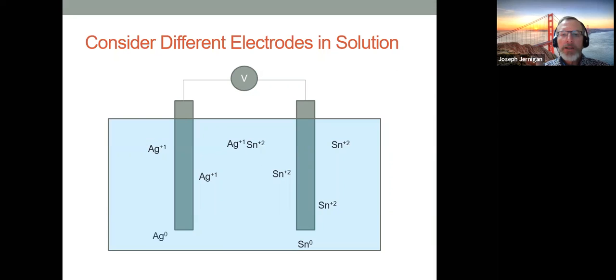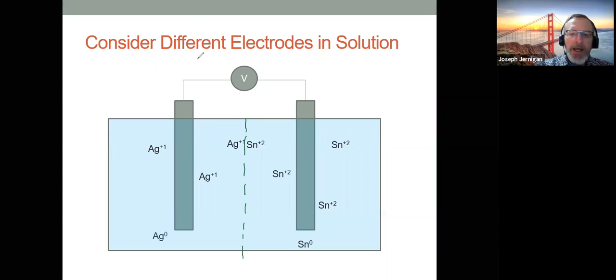But before we get to that question, I wanted to bring up one other thing, and that is what if, instead of having a single solution that we exposed our two electrodes to, what if we put a membrane here or some other separator? It's called a battery separator, in fact. What if we put a separator there that allowed just our sodium nitrate to pass through?